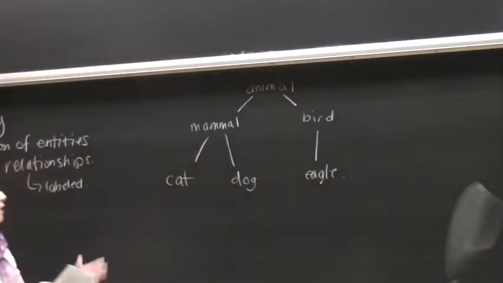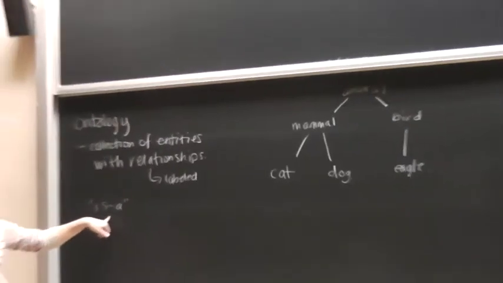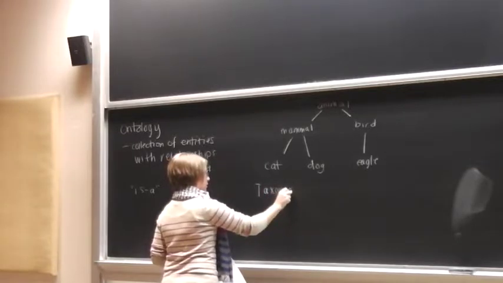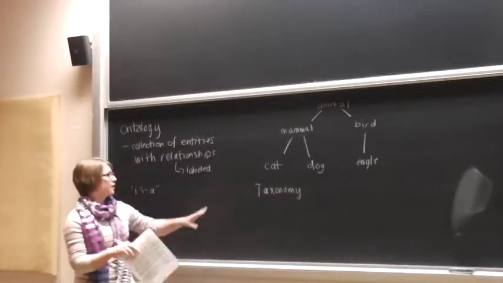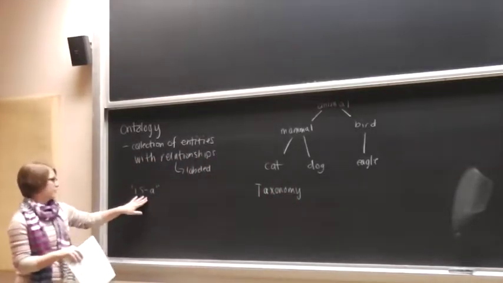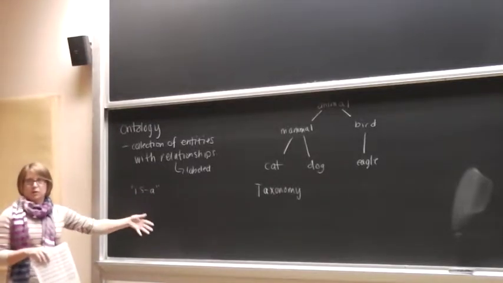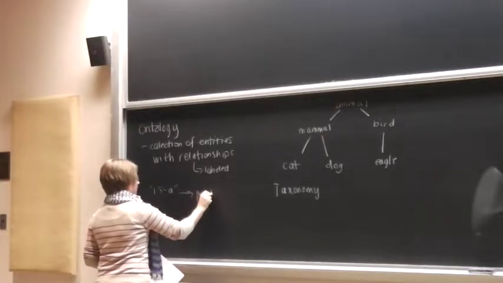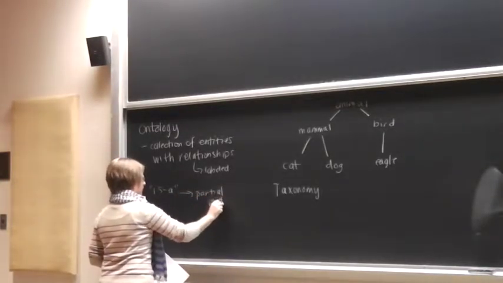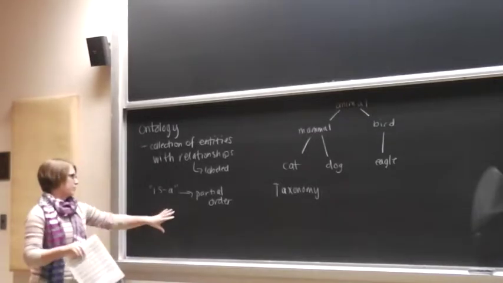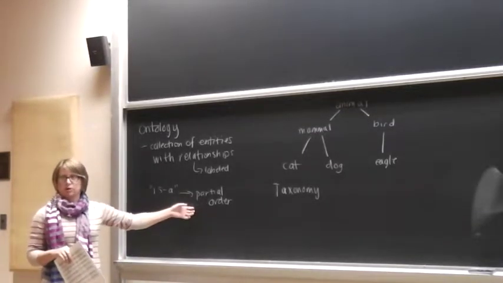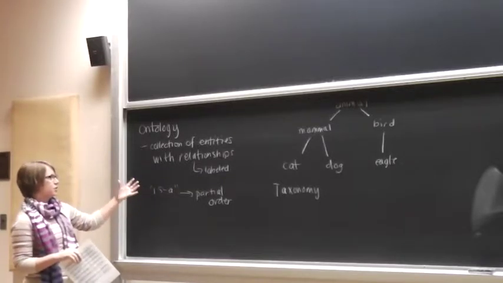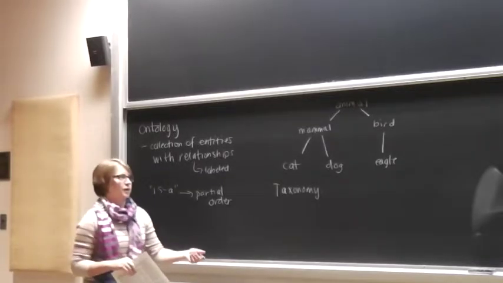So this would be an ontology with just a single relation, which is is-a, and these can often be called taxonomies. And you can see that in this taxonomy, and in particular this is-a relation, you get this partially ordered structure. So in particular, what we want to study is the partial order structure. That's a little introduction into why we are actually studying these things.